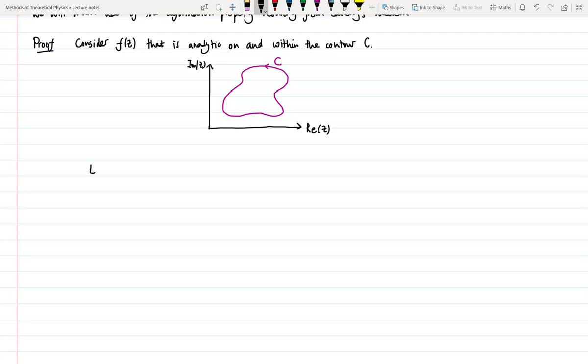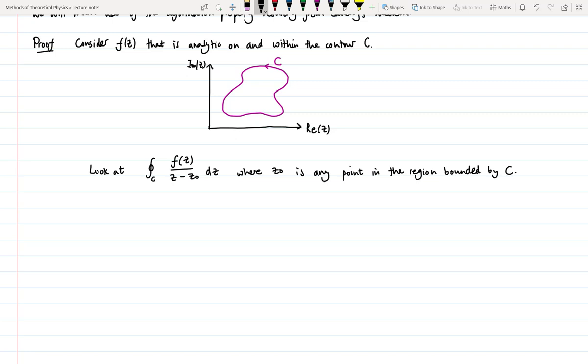Okay, we're interested in looking at the integral along closed contour C of our function f of z divided by z minus z naught, dz, where z naught is any point in the region bounded by C. Let's put such a point in our picture above.